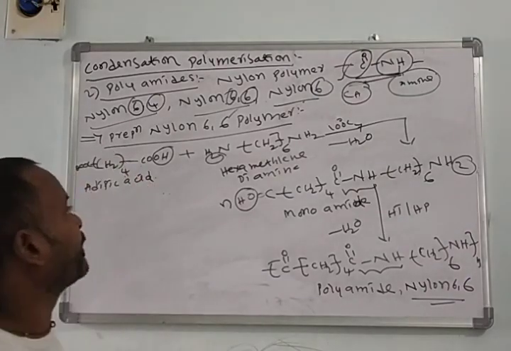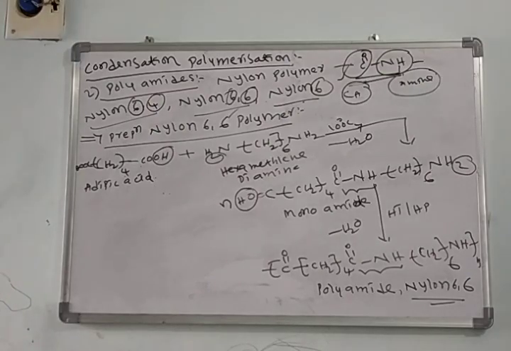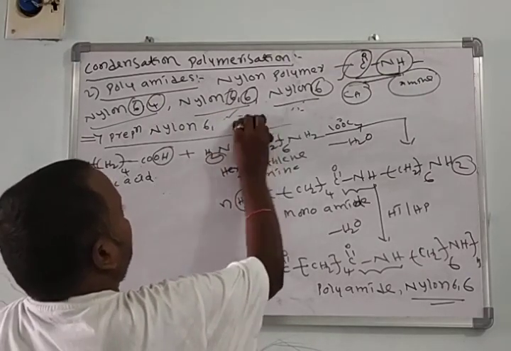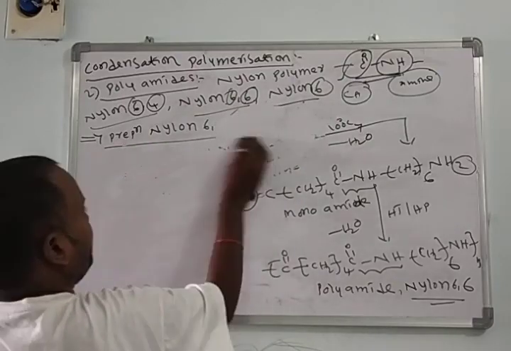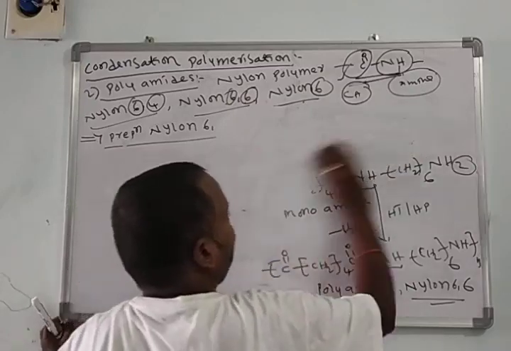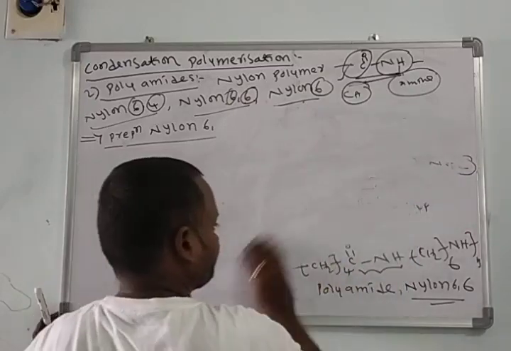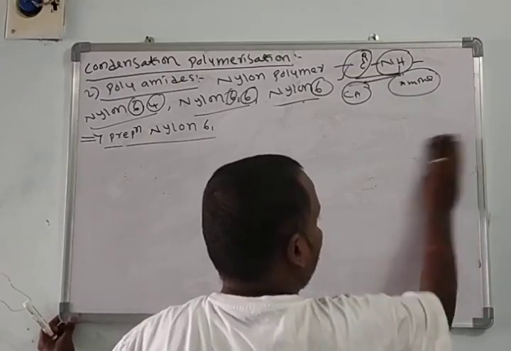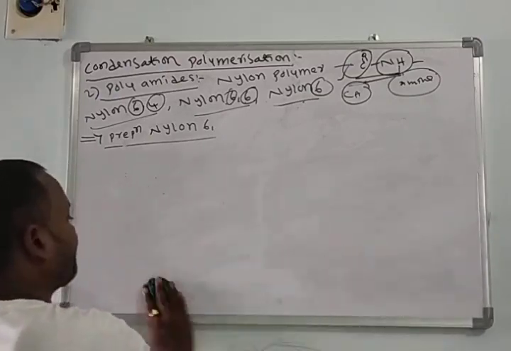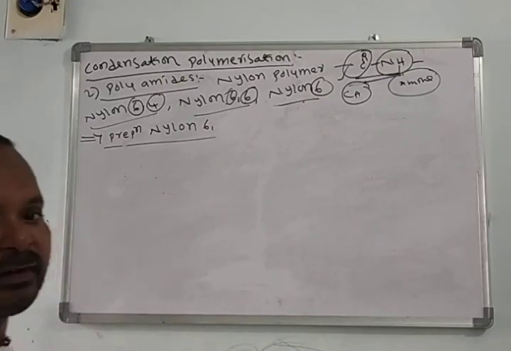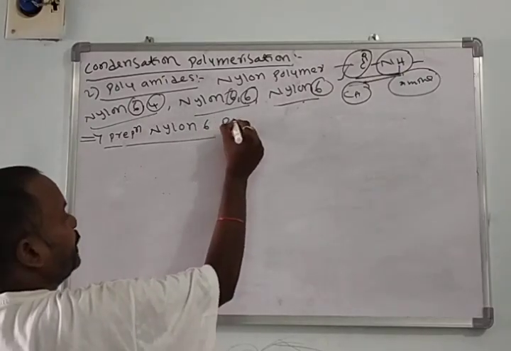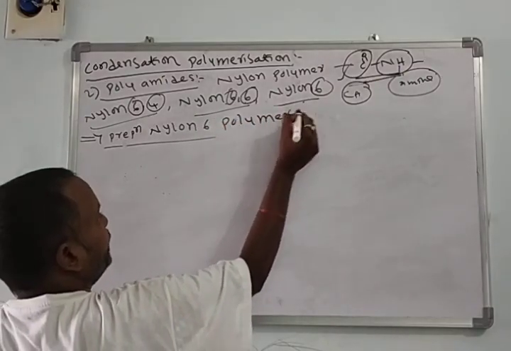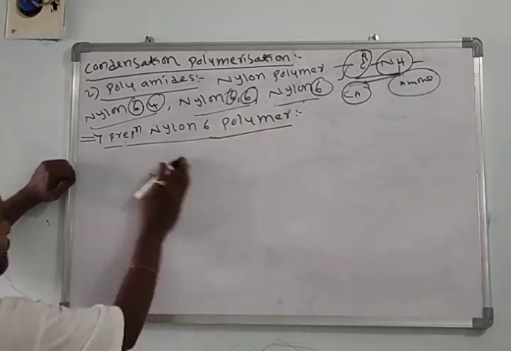Okay, in continuation, we'll see how we prepare the nylon 6 polymer. Nylon 6 polymer is prepared from caprolactam. It is a 7-member ring containing the C double bond O NH functional group; we call this 7-member ring caprolactam.